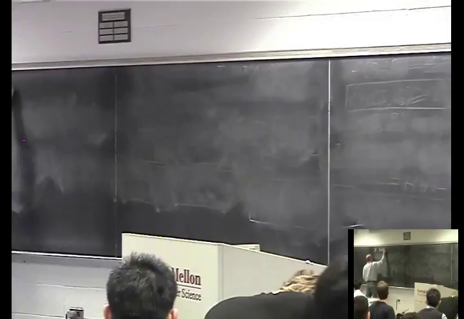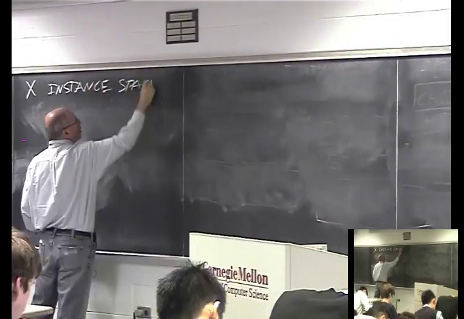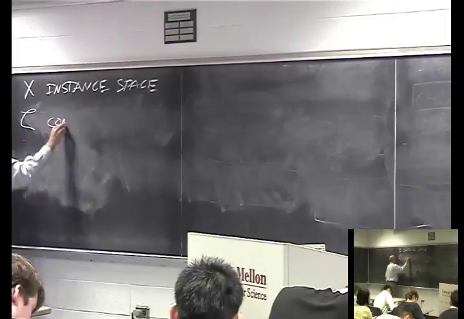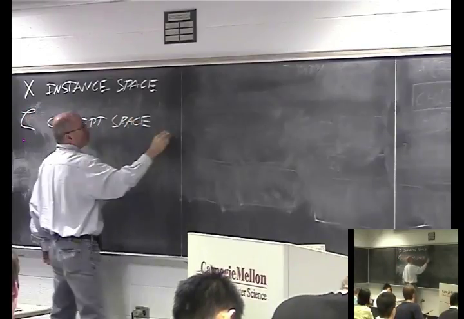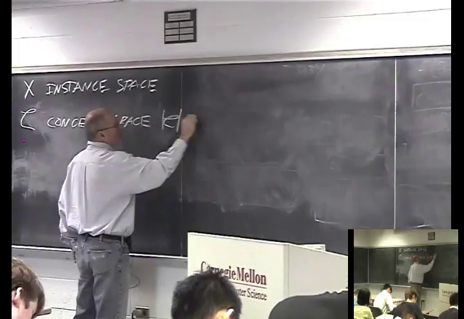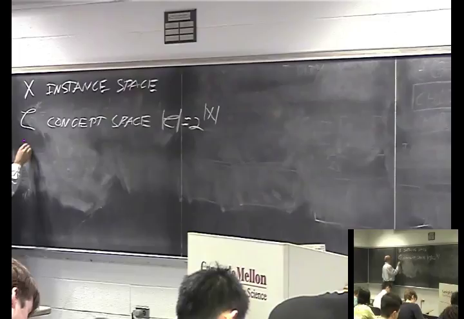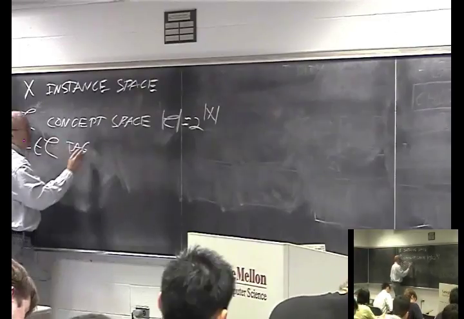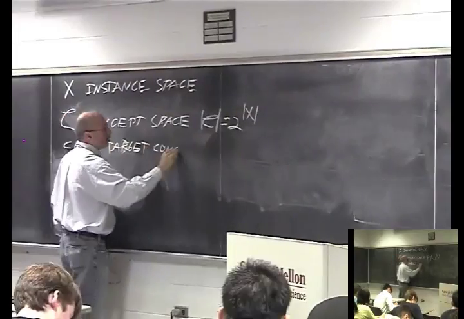So we have X, instance space, we have curly C, concept space, and the size of curly C is 2 to the size of the input space. Then there's the target concept, small c, that came from big C.